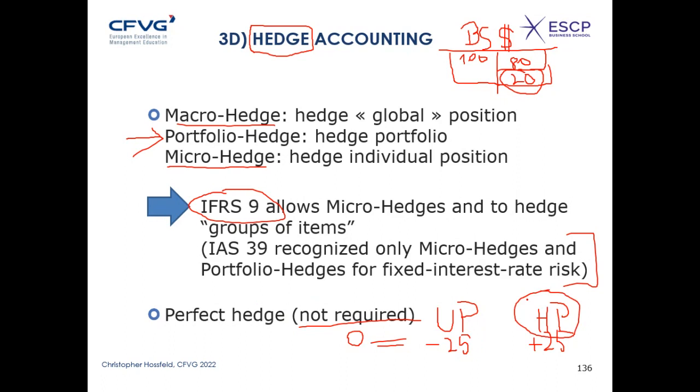So if I use derivatives that are listed on the market, it will be almost impossible to get a perfect hedge. Why? Well, because the derivatives on the market that I can buy and sell are standardized in terms of amount, standardized in terms of dates of execution.